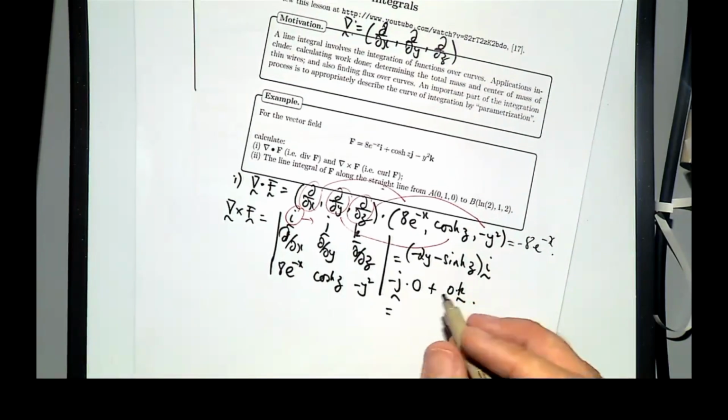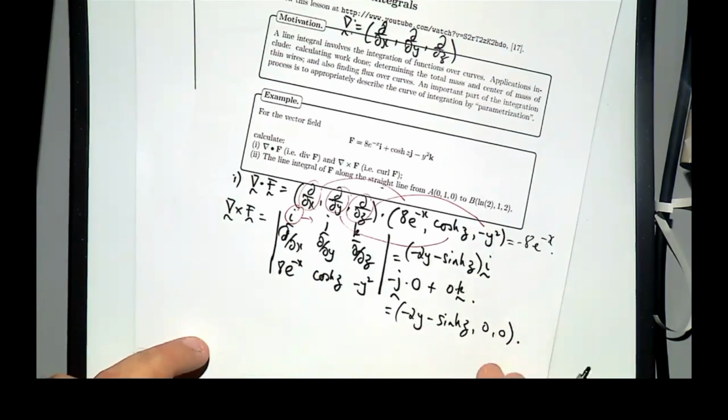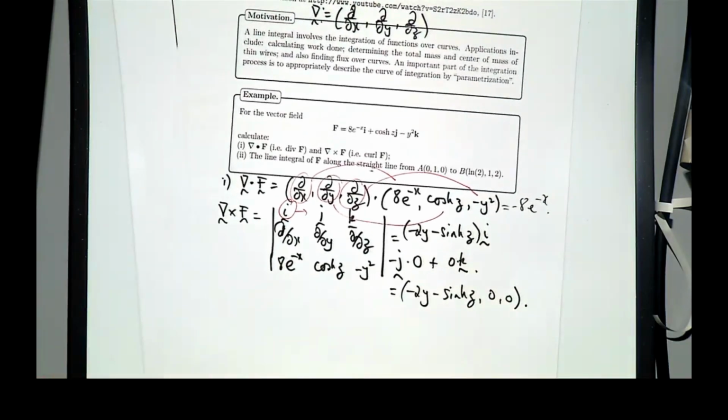So it'll be something like this, just writing it as a column. Okay, so that's the computational part. I guess you just need to be careful you don't make a mistake. You need to be careful with the signs. You alternate the signs on the i, j, k, so positive i, negative j, positive k.